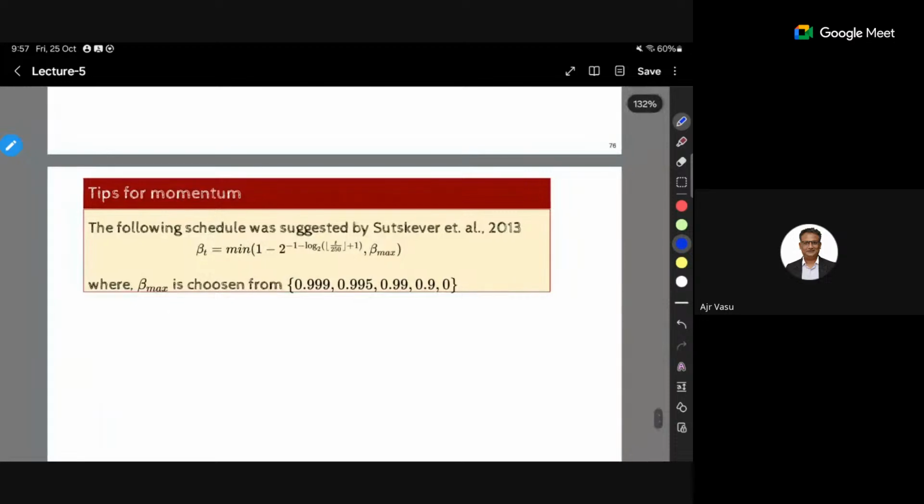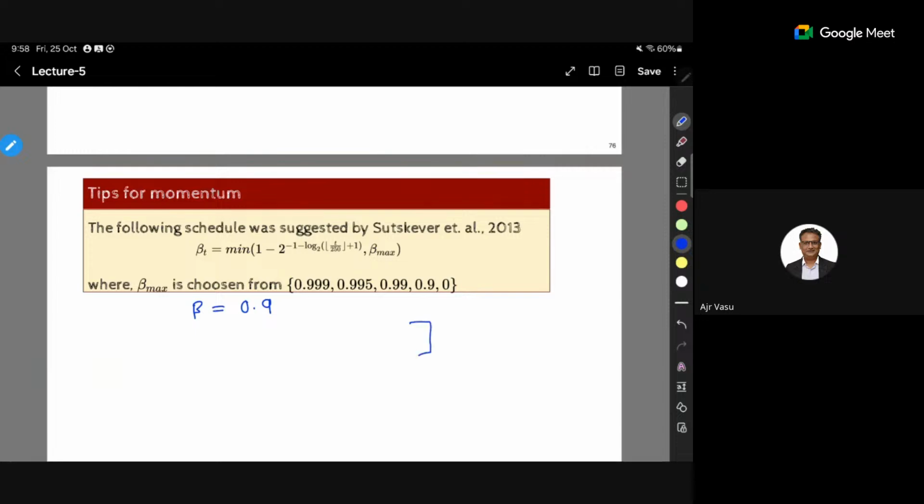Okay, this is with momentum, so the beta parameter, which we initially said you can choose 0.9, but using this formula you can figure out what value of beta is a good one.